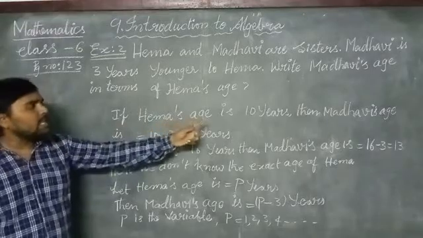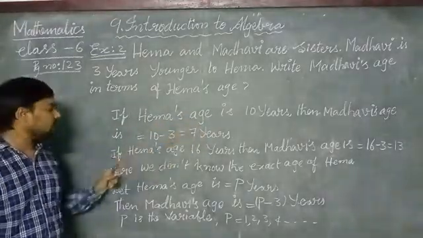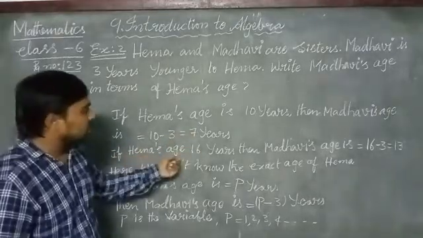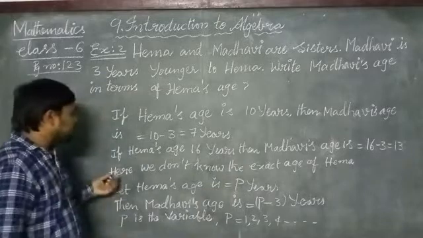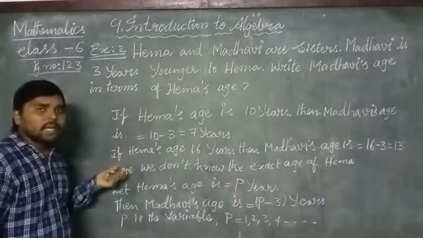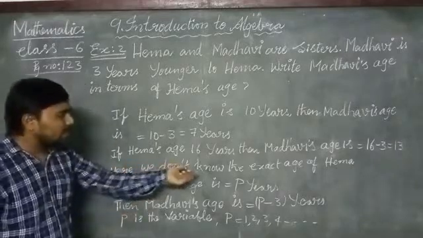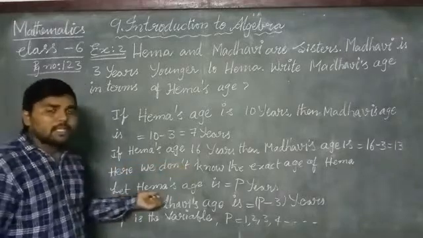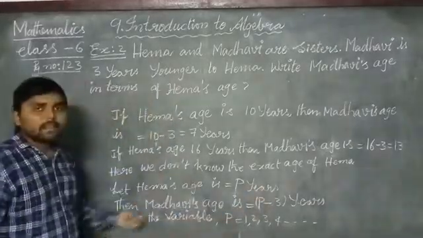Okay. If Hema's age is 10 years, then Madhavi's age is 10 minus 3 years, which means 7 years. If Hema's age is 16 years, then Madhavi's age is 16 minus 3, which means 13 years. Here we don't know the exact age of Hema, that is why let us assume Hema's age is P. Okay, here P is the variable.